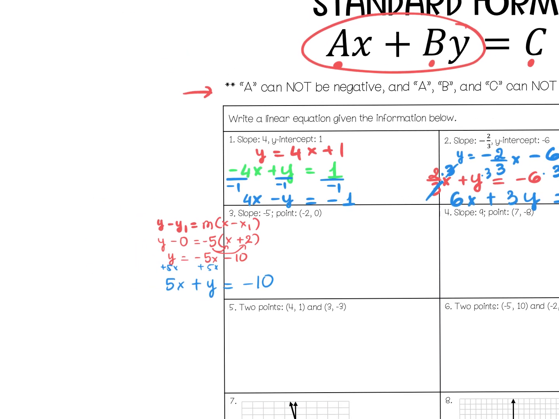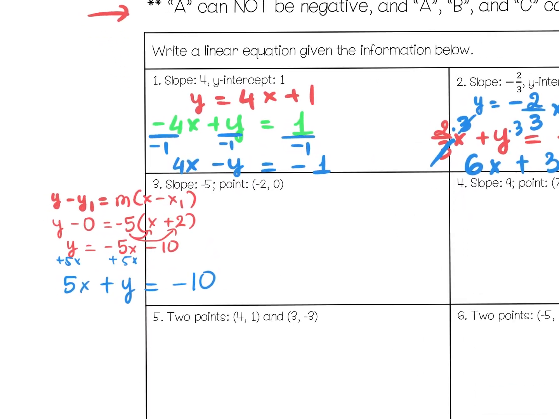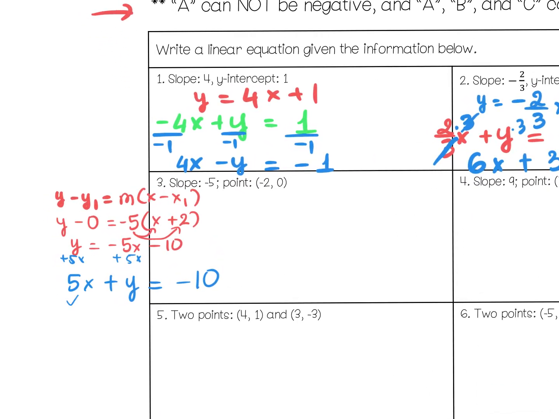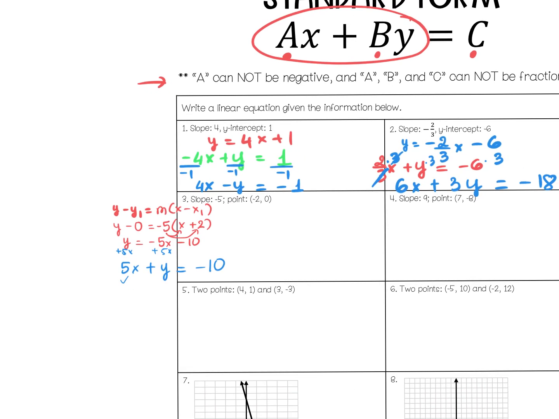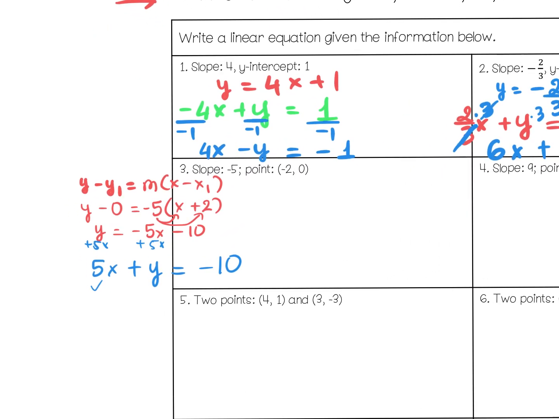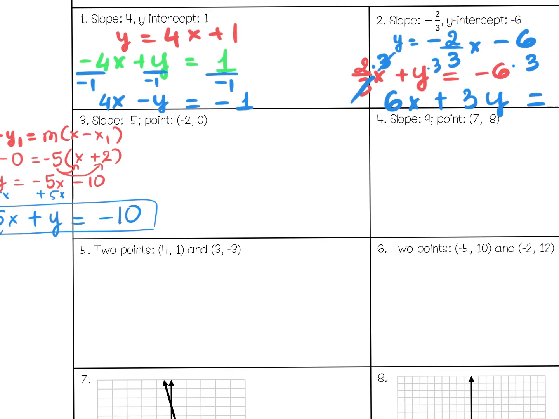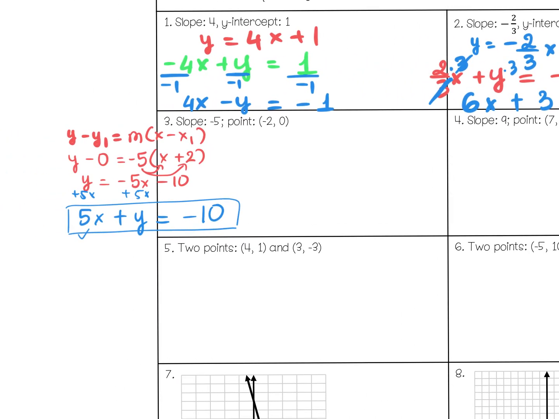All right, let's check with the restriction. A cannot be negative, so it's good. A, b, c cannot be fractions. So these are not fractions. So this is my final answer. All right, you try number 4. And I will do number 5, and then y'all try 6.